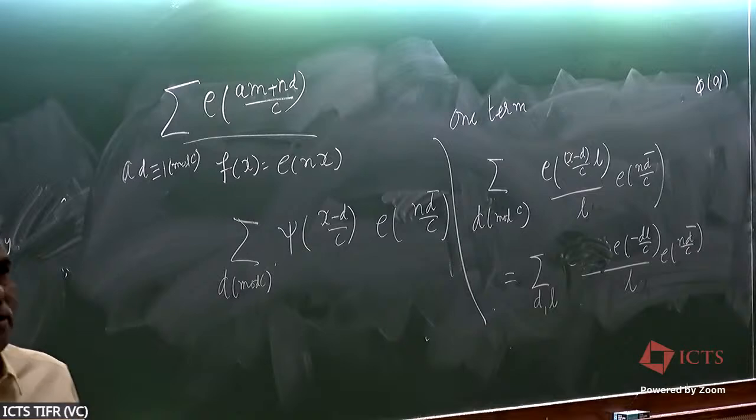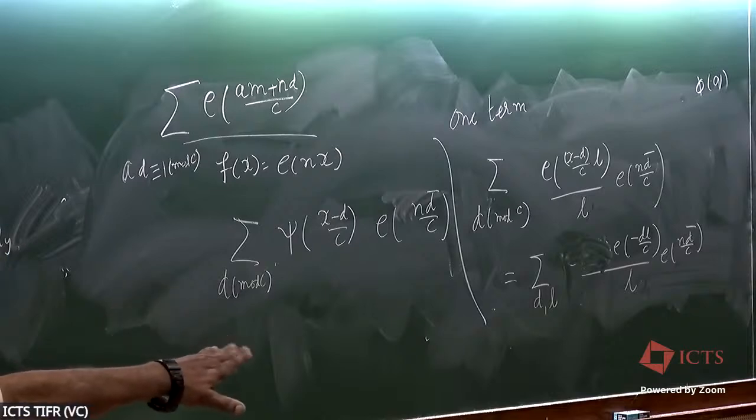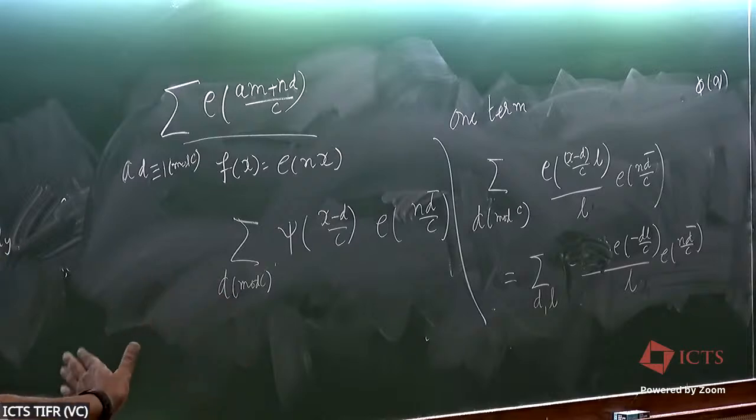And therefore, you need to know how to estimate the Kloosterman sum. And if you have an estimate for the Kloosterman sums, then you can use that estimate, multiply by 1 over l and sum over l.